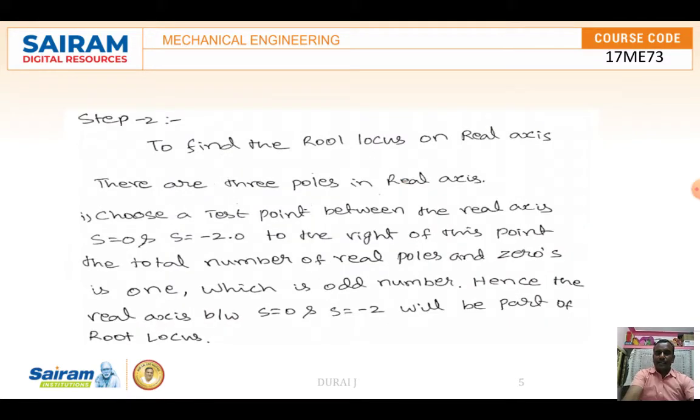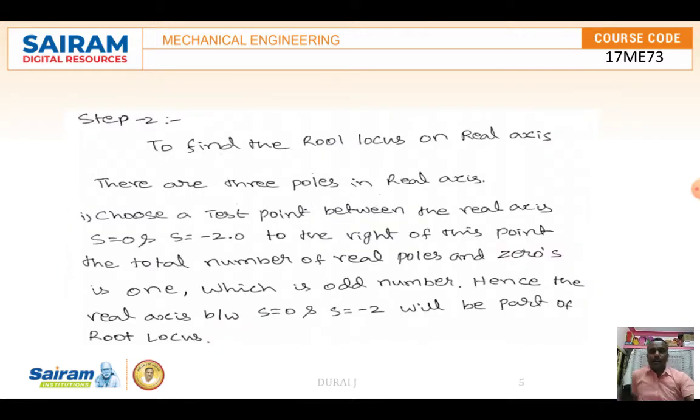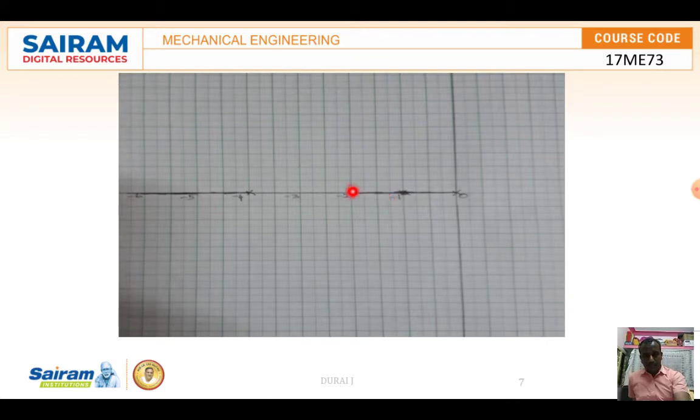Then the last one, minus 4 to infinity. Infinity means somewhere here. From here to the right there are 1, 2, 3 poles, and 3 is an odd number, so it is part of the root locus. So 0 to minus 2 has only one pole, so it is part of the root locus, and I draw it as a darkened line.